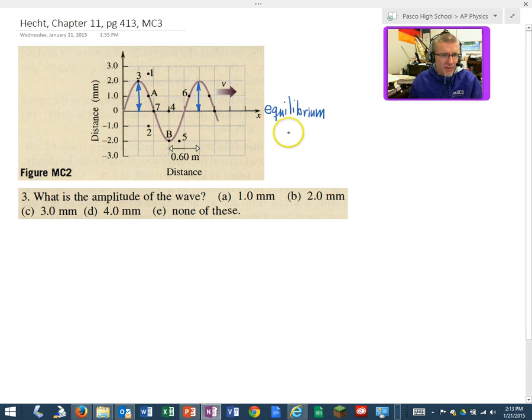It's about 2 millimeters. So that's in the blue. And then if I pick a point here in the red that's not at that amplitude, this is a considerably lesser amplitude, that's fine. And then this point here is -2.